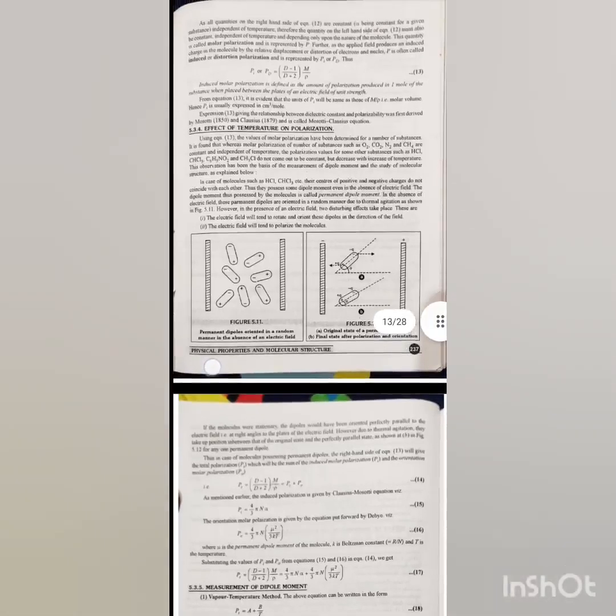This observation has been explained on the basis of measurement of dipole moment and the study of molecular structure, as explained below. In the case of molecules such as HCl, CHCl3, etc., their centers of positive and negative charges do not coincide with each other. Thus, they possess some dipole moment even in the absence of an electric field. The dipole moment thus possessed by the molecules is called permanent dipole moment.